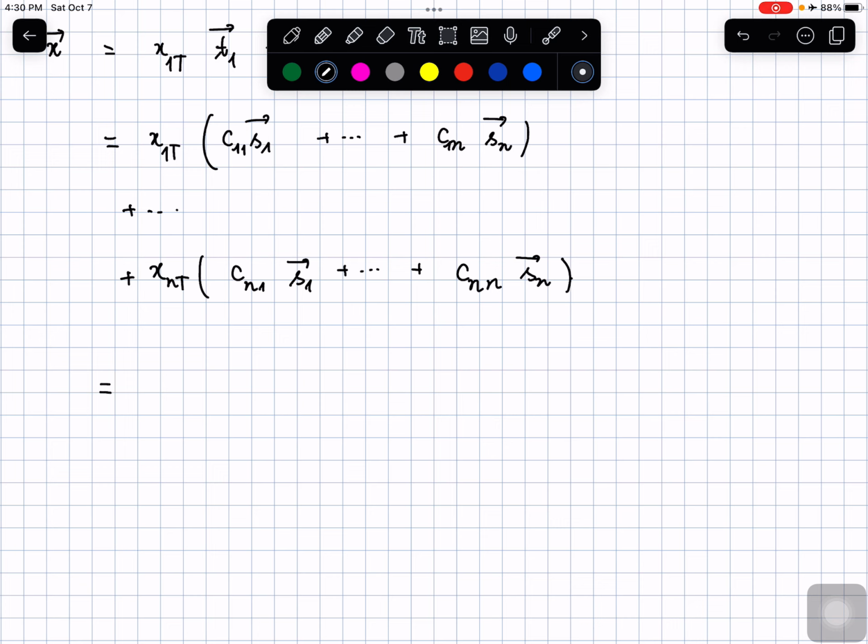Now we group the terms with respect to S1 to Sn.